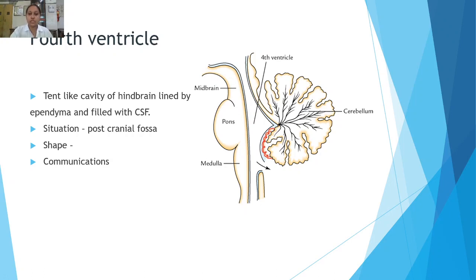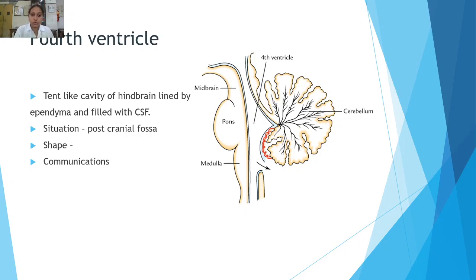It is situated in the posterior cranial fossa, just in front of the cerebellum, behind the pons and medulla. In a mid-sagittal section it is triangular in shape, with the base directed towards the pons and medulla, and the apex, the apex of the tent, in the core of the white matter of the cerebellum. In a horizontal section, it is rhomboid in shape.